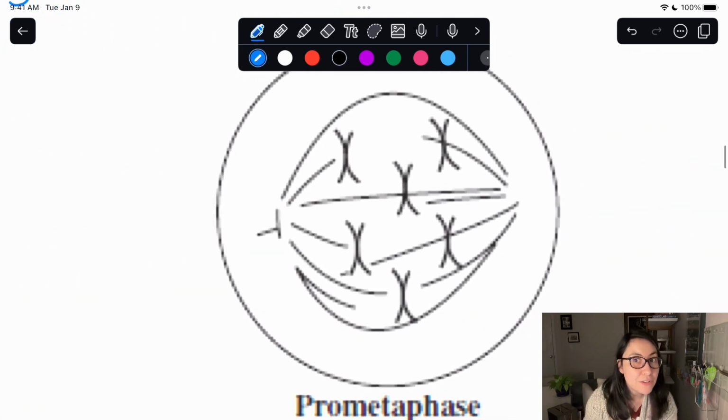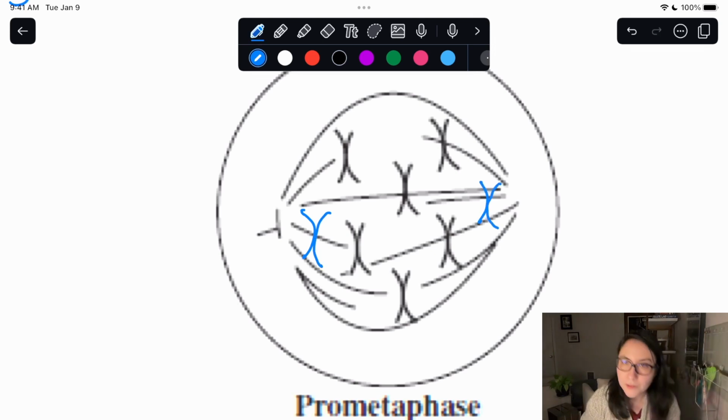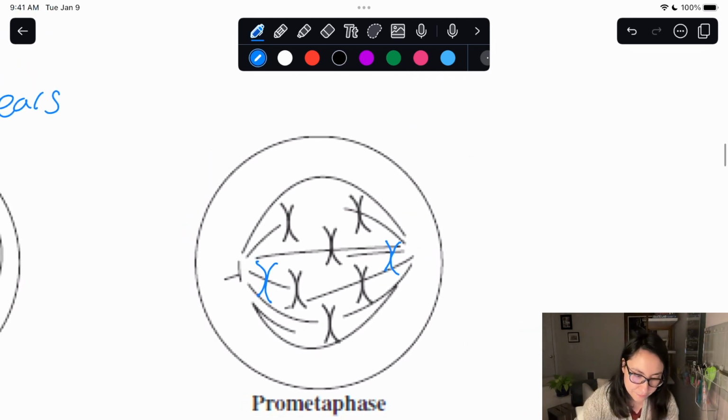So there was something to draw here. So all you're going to do is just draw 1, 2, 3, 4. Just draw those 2 extra chromosomes that were missing in prometaphase.